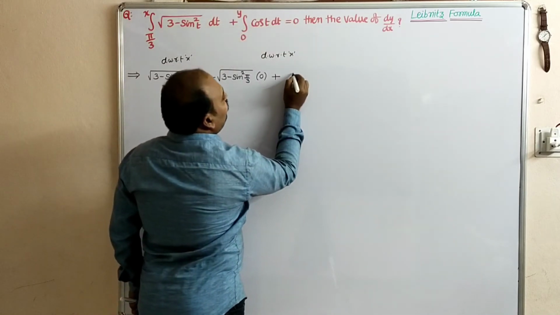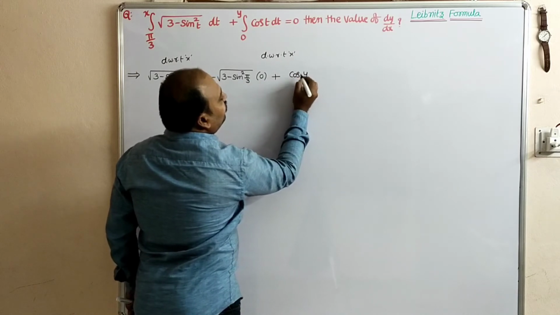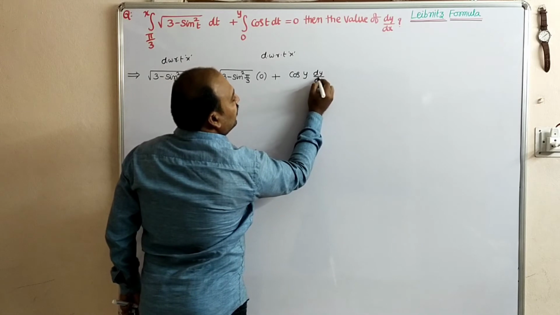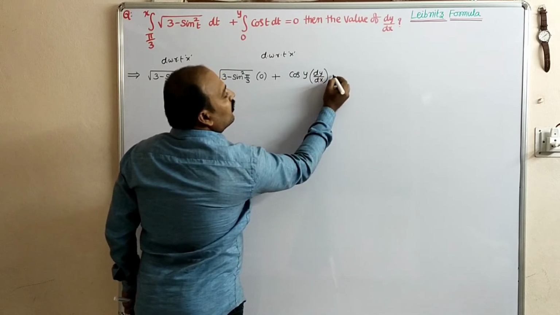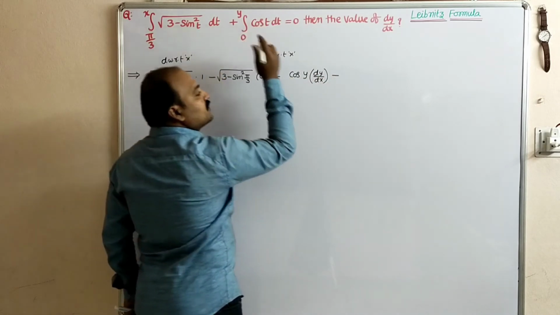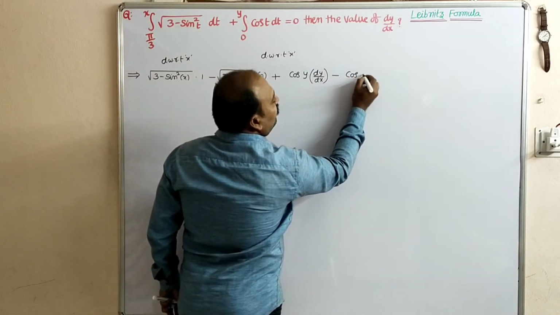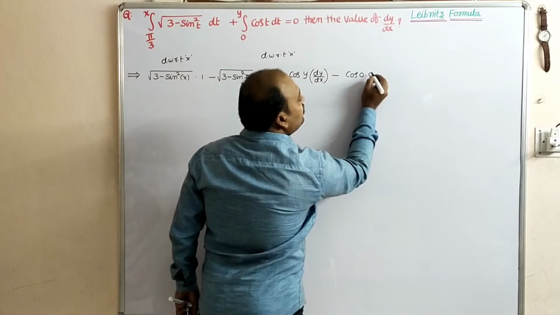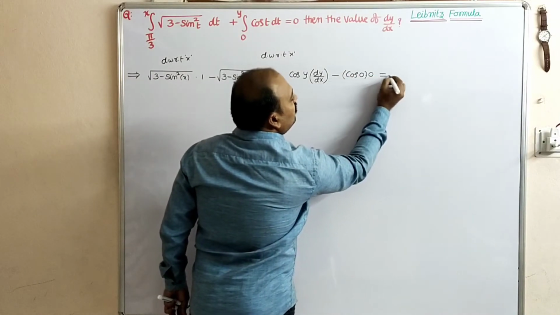So now cos y, again y derivative with respect to x, dy by dx, minus cos 0, again d by dx of 0, constant, derivative is 0, which is equal to 0.